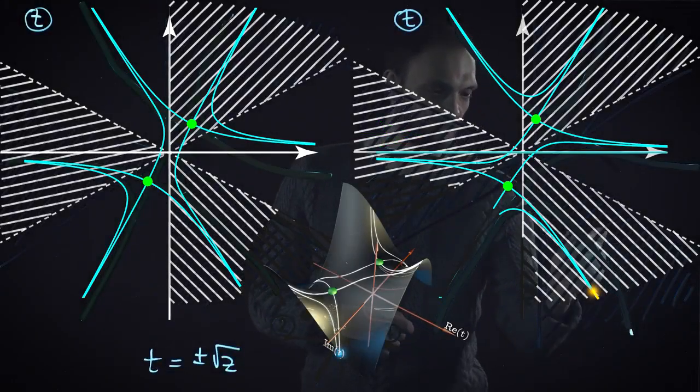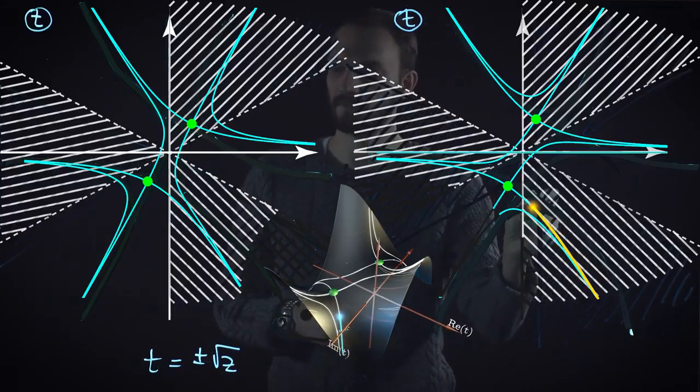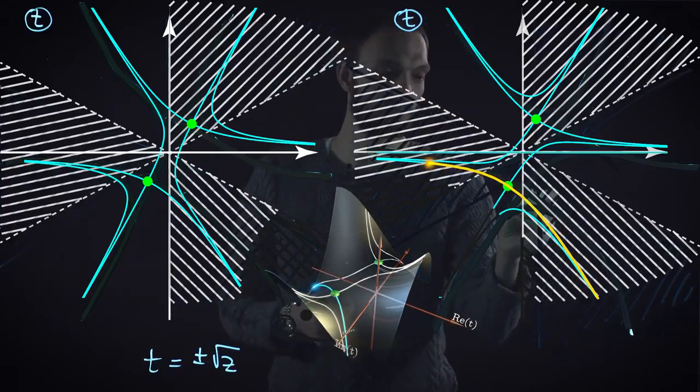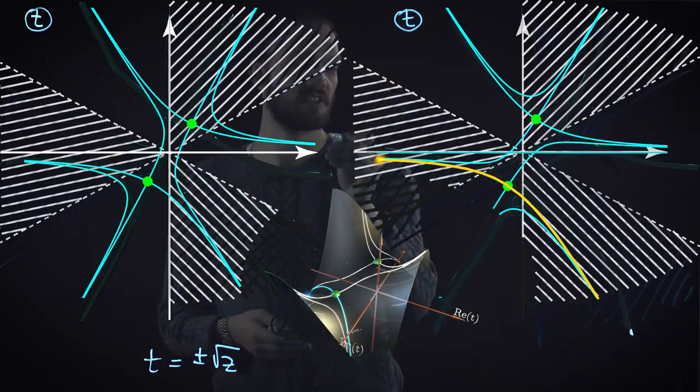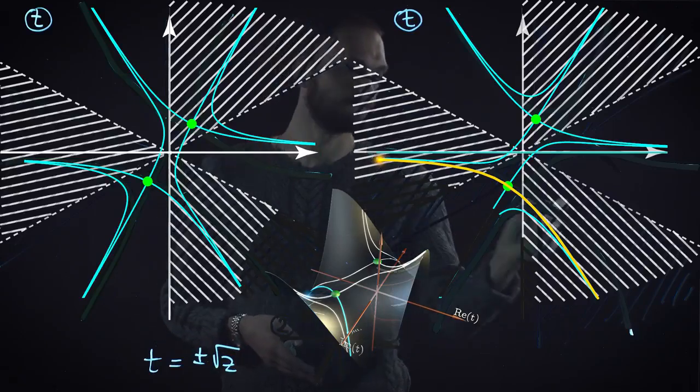So suppose we started like that. Then we can be smooth and reach, moving across the stationary phase line, another infinity.